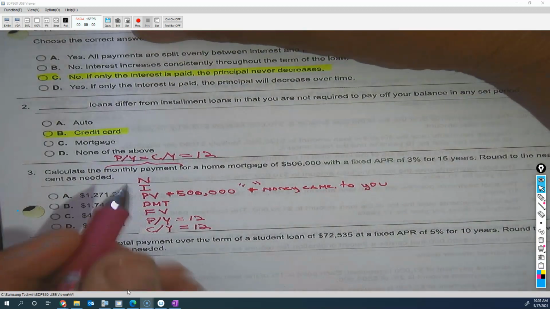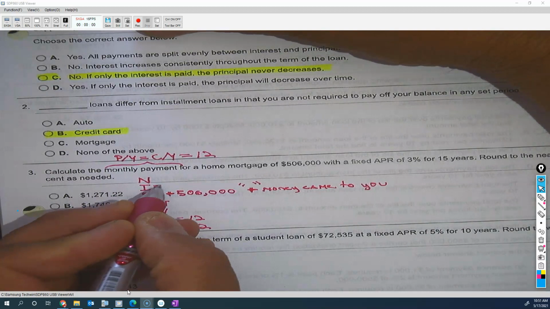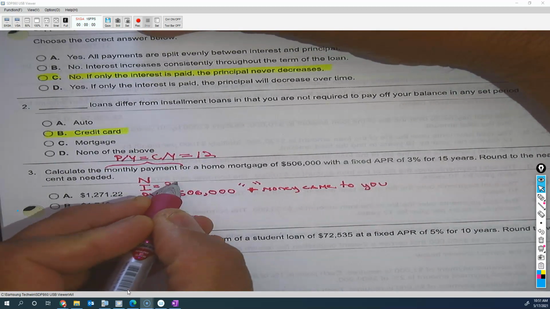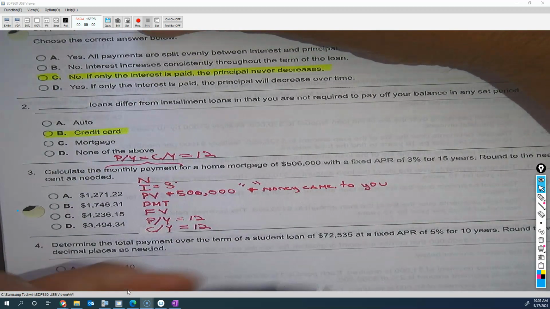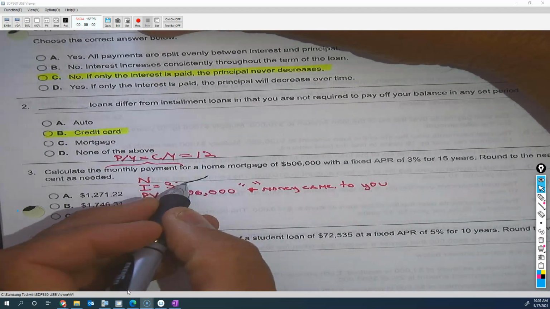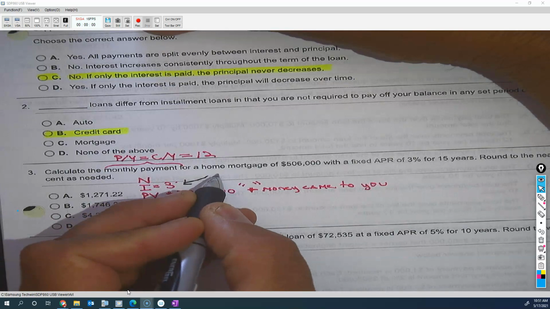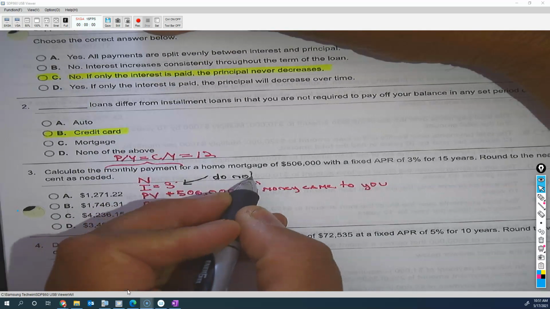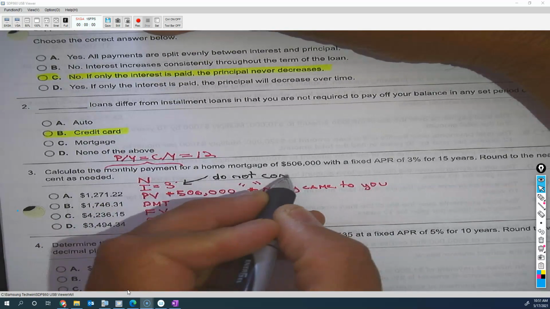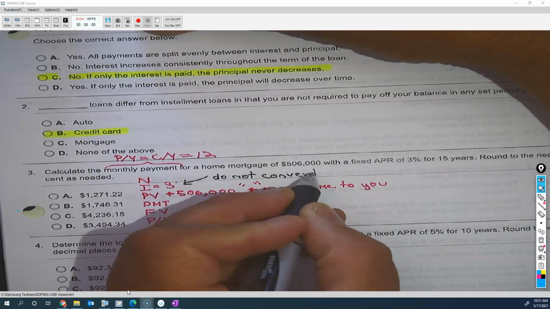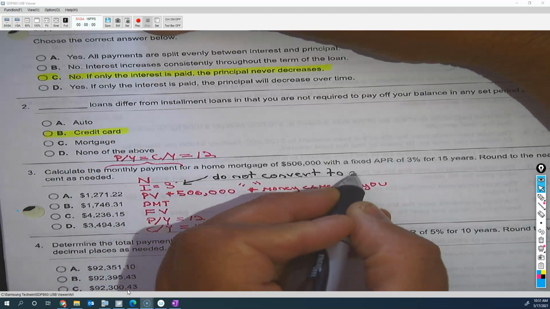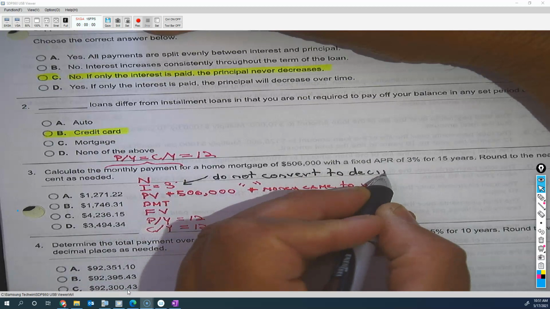All right, when you put your interest in, don't convert. So that's just going to be 3%. Okay, don't convert to a decimal. So a little note there. Do not convert to decimal. You just type it in as you see it.